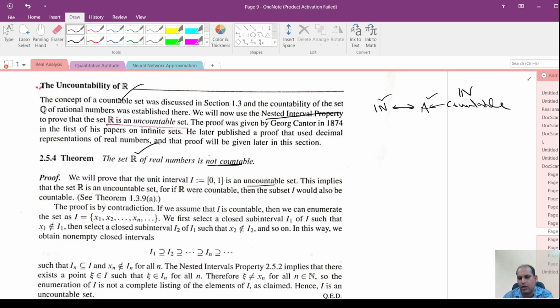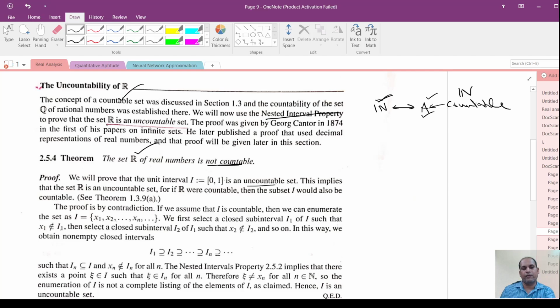Since every countable set is in bijection with the set of natural numbers, we can enumerate every member of the set with indices of natural numbers, say x1, x2, xn or a1, a2, whatever enumeration we take, and there should be no element left because it is in bijective correspondence with the set of natural numbers.